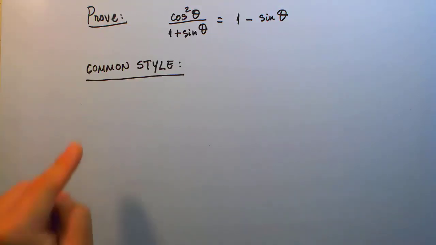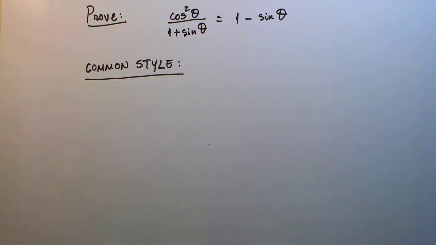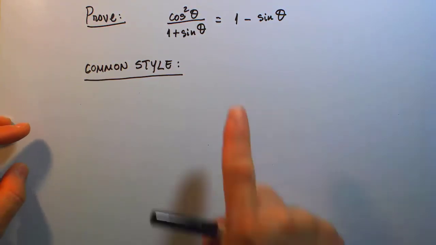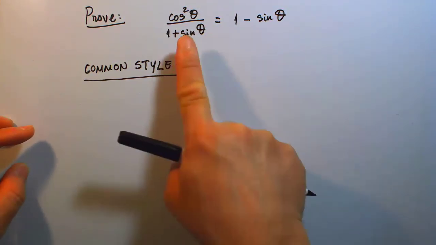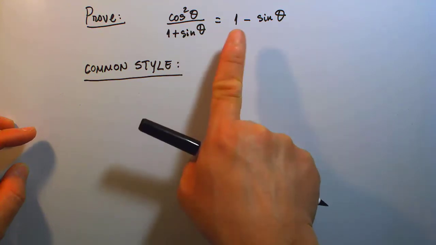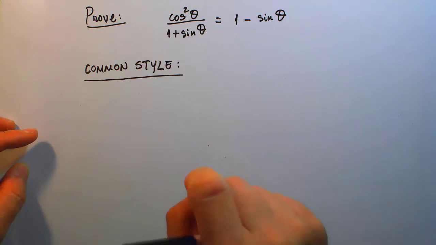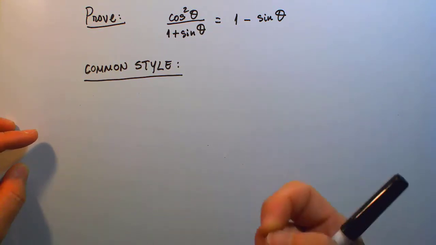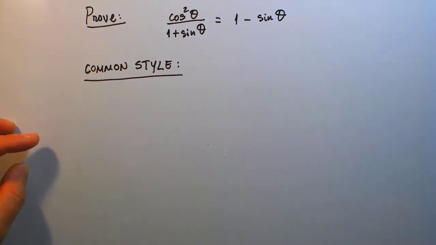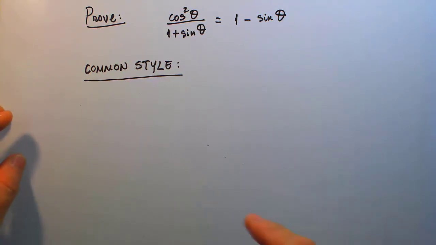The common style of proving an identity is to tackle whichever side of your equality has a more complicated, or even just slightly more complicated, expression, meaning it has more operations involved, more functions involved, a bigger expression. That's what is meant by the more complicated side.